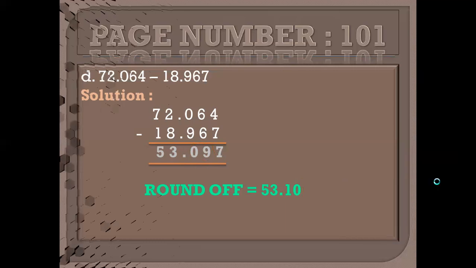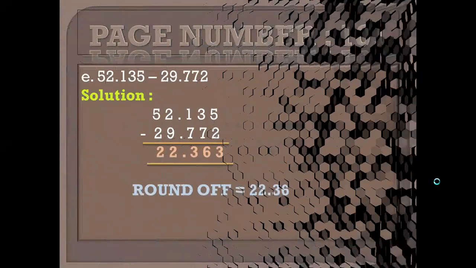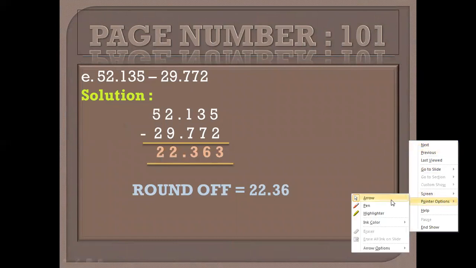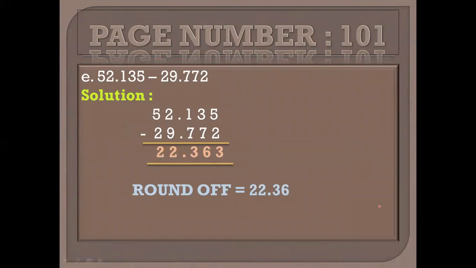The last part of this page is part E. This is the minus question, 52.135 minus 29.772. After subtracting, 22.363. 3 is on the thousands place.